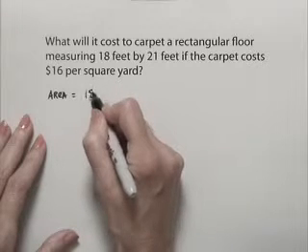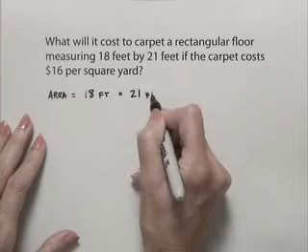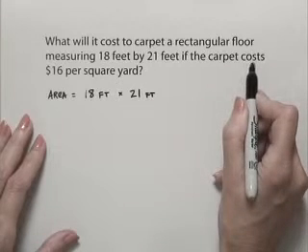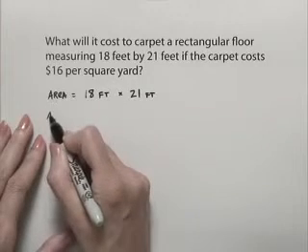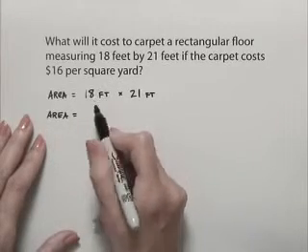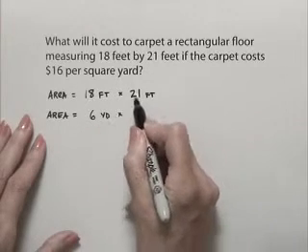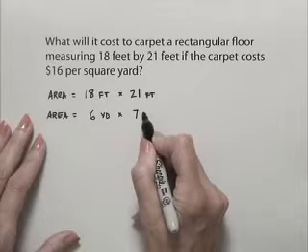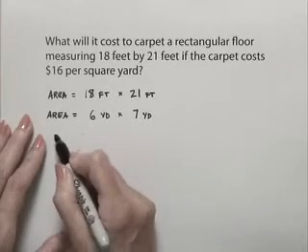So we have here 18 feet multiplied times 21 feet. However, notice that our cost is not given in square feet, instead it's given in square yards. So we're going to take our area and change 18 feet into 6 yards, as there are 3 feet per yard, and 21 feet into 7 yards, for the same reasoning.